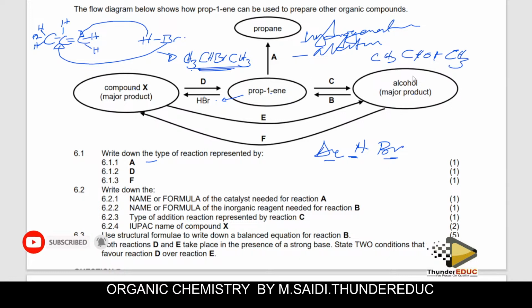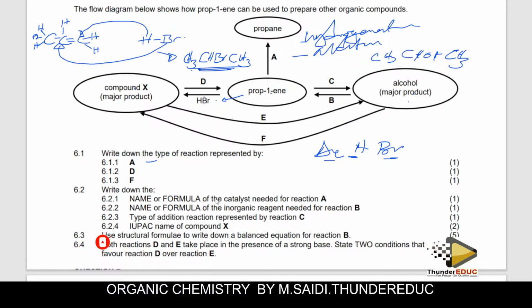So now that's the major product. And then they're saying reaction F, from this to this. Because I'm removing the OH and putting bromine, it's going to be substitution. What I'm substituting is I'm removing the OH, and then I'm putting the bromine there. Therefore, it is halogenation or bromination. So substitution will work better, or halogenation is still fine, or bromination.